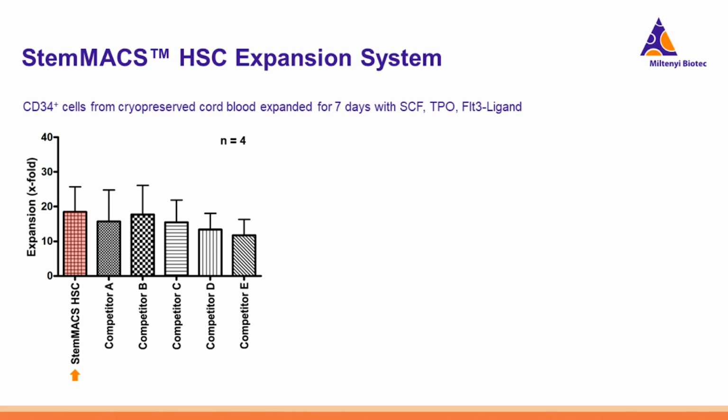All media were supplemented with the StemMax HSC expansion cocktail. On the left side, you see the fold expansion of CD34+ cells, which was measured by flow cytometry. Our StemMax HSC expansion system achieved an approximately 20-fold expansion.